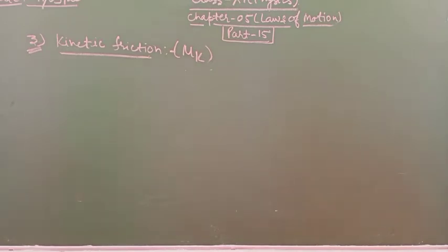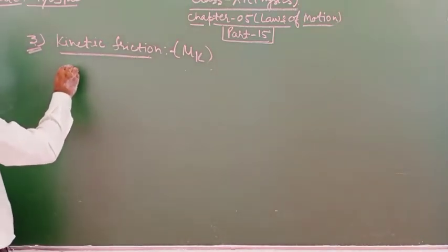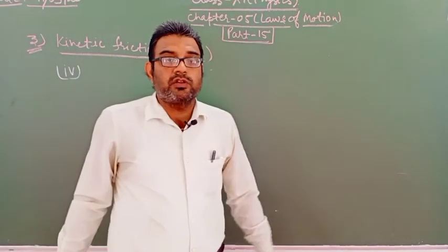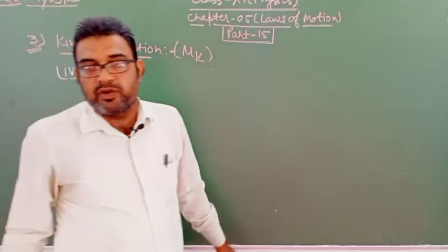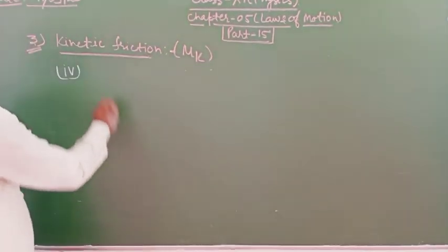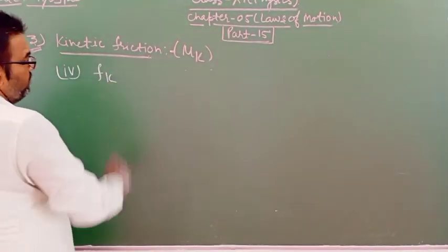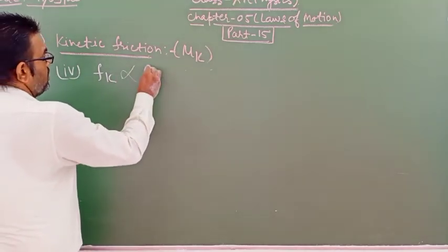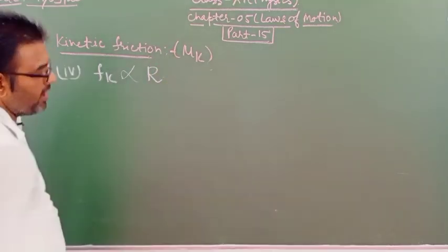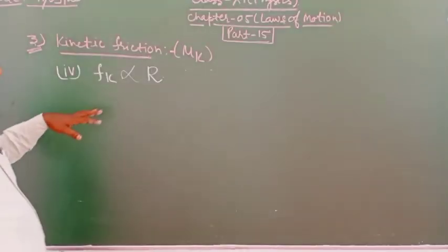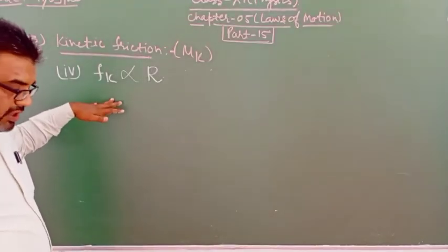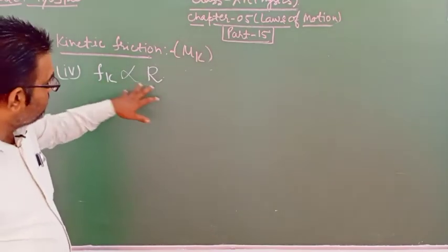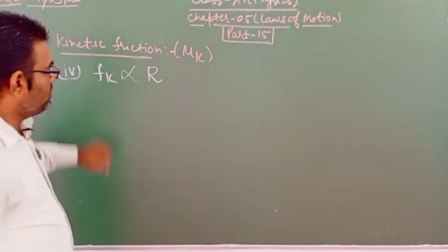Now dear students, the fourth law is, as we have discussed before also, that kinetic friction is directly proportional to the normal reaction. Directly proportional means if the normal reaction increases, then kinetic friction increases. If the normal reaction decreases, then kinetic friction decreases.